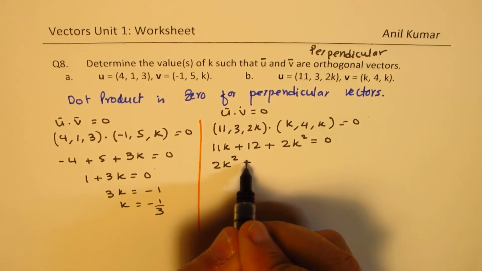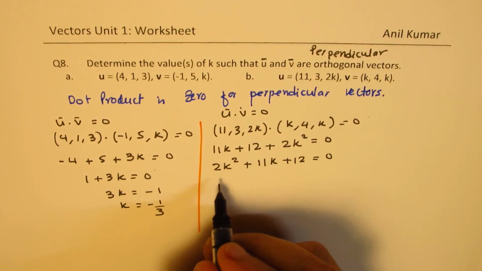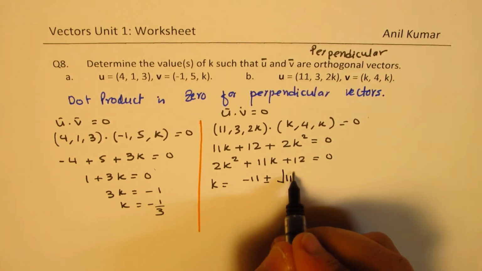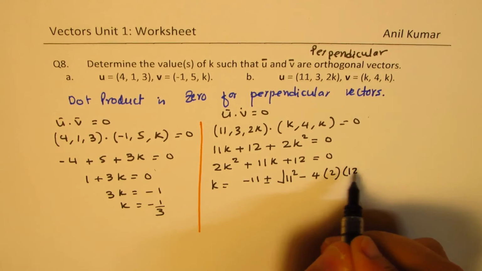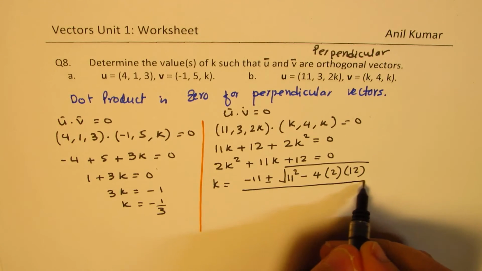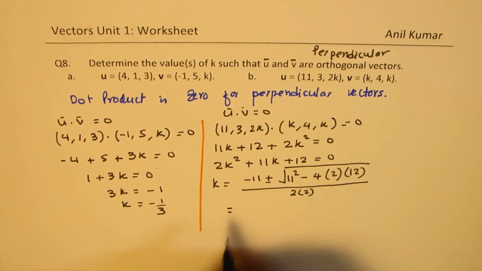So we have 2k squared + 11k + 12 = 0. We'll use the quadratic formula: -11 ± the square root of 11 squared - 4 times 2 times 12. So that's the quadratic formula, right? -b ± the square root of b squared - 4ac, divided by 2a. And let's calculate this value.